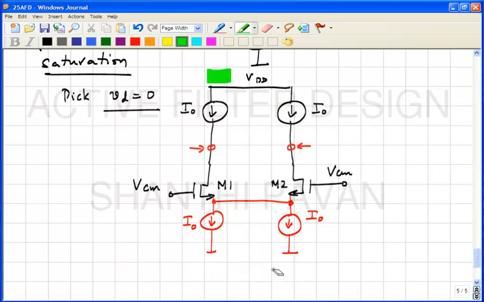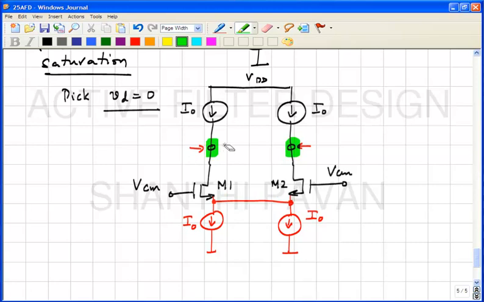So, we were trying to find out what the quiescent potentials here and here were. We have concluded now that the two are the same, and it doesn't make any sense to work with the full schematic. We will actually work with half the schematic. So, what is the current through this branch? 0 by symmetry, because the potentials are the same on both sides, no current will flow. Great.